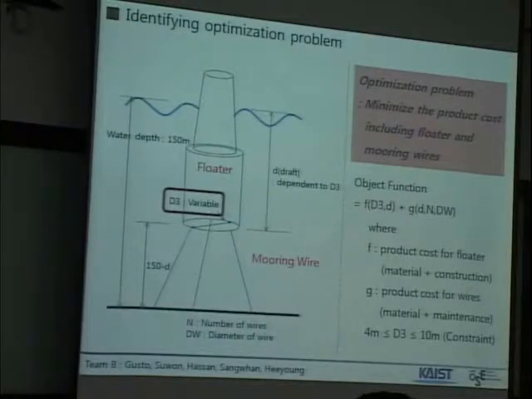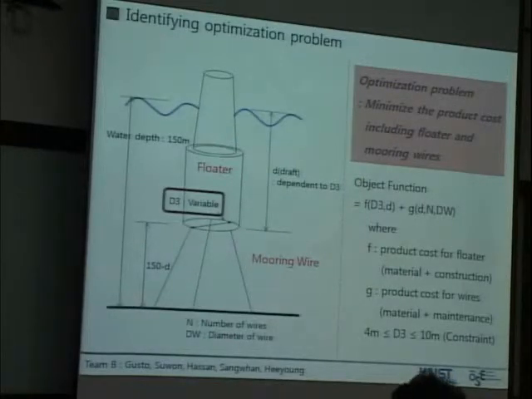We assume that just D3 and depth D can be changed in floater design. And then this value will change the exciting forces and moment by the waving. And then we have to calculate the number of wires and the diameter of the wire.